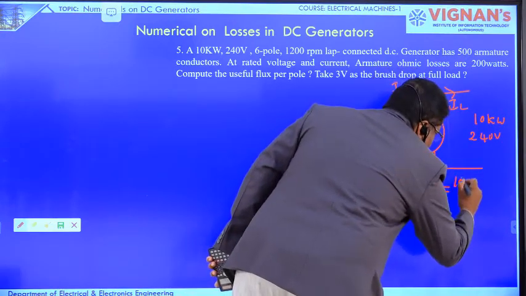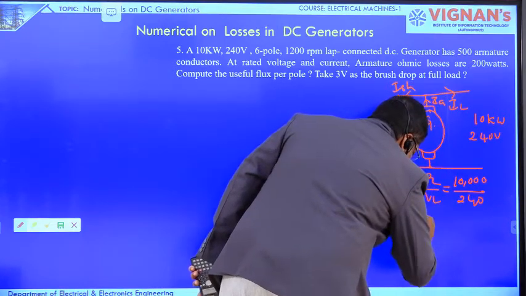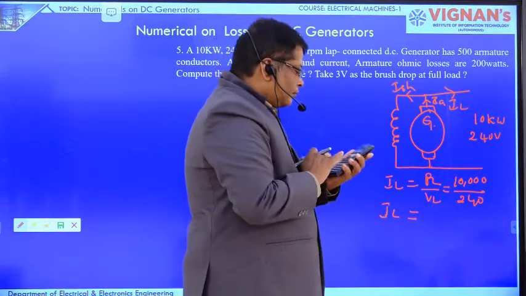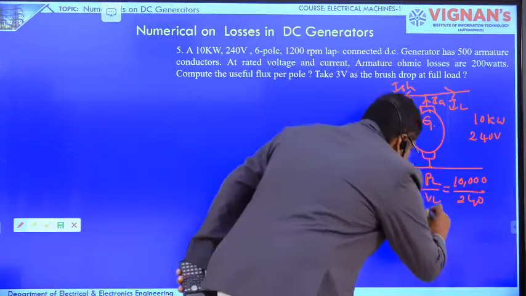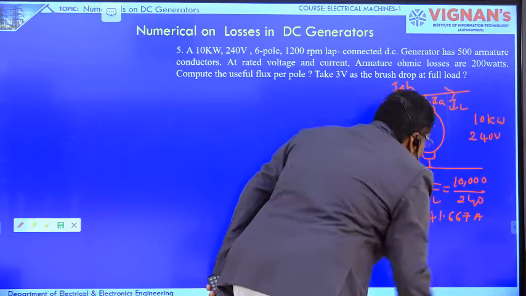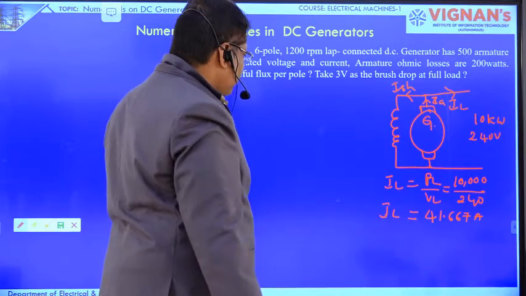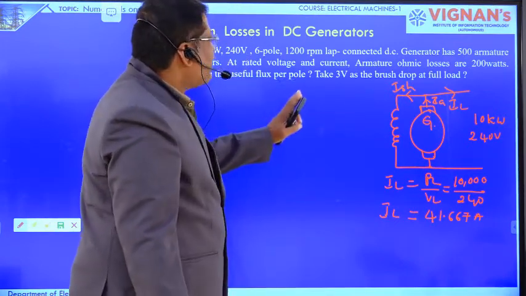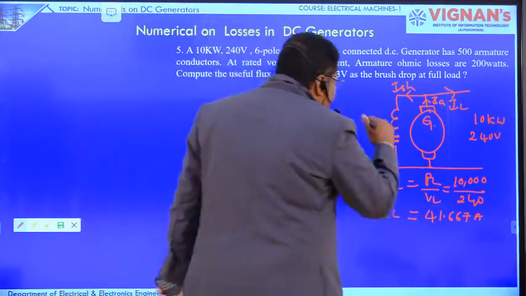Load current is equal to 10 kilowatt divided by 240. You are getting the value of load current as 41.667 amperes. See here, the shunt field data is not given. If the shunt field data is not given, we are neglecting the shunt.